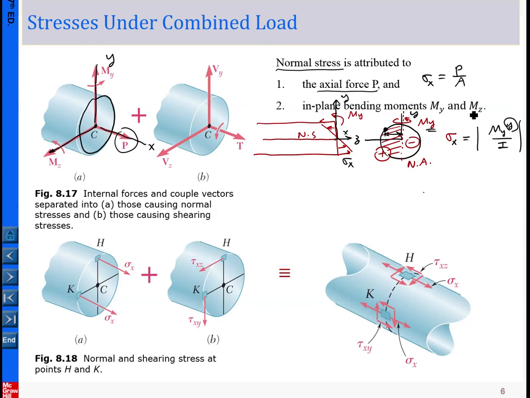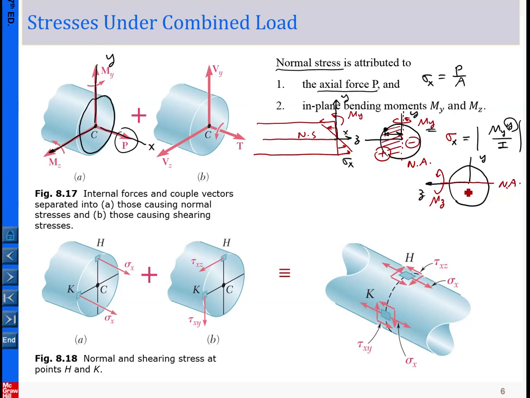Okay, and you can repeat the same thing for Mz. For example here is the cross section, and here are the y and z coordinates. Let me do this one in detail. So Mz is now applied in this sense. Here the z-axis is our neutral axis.